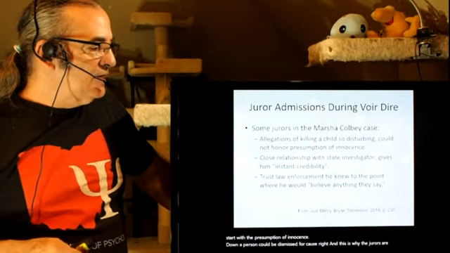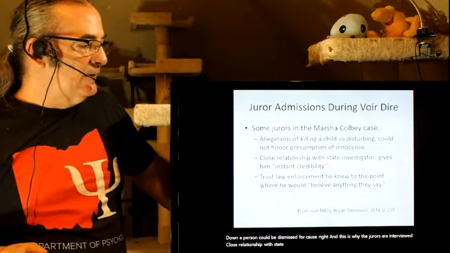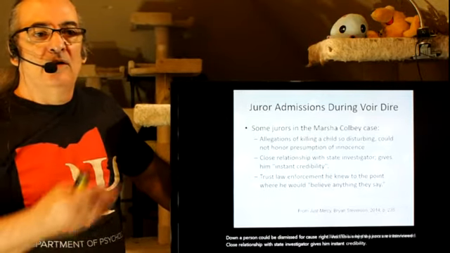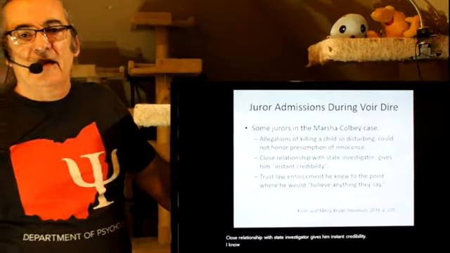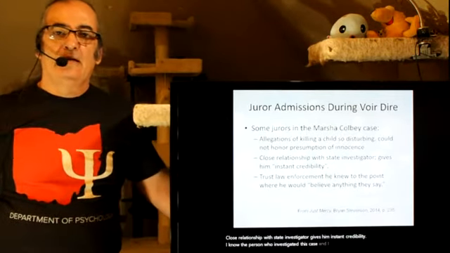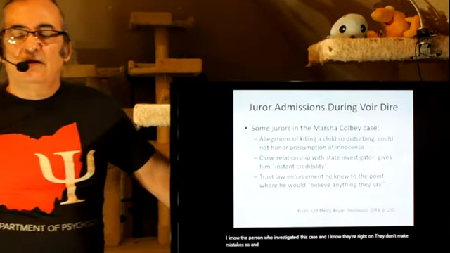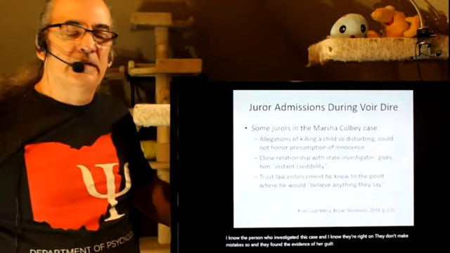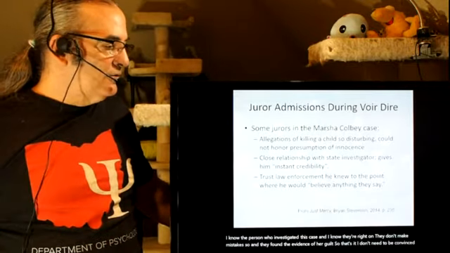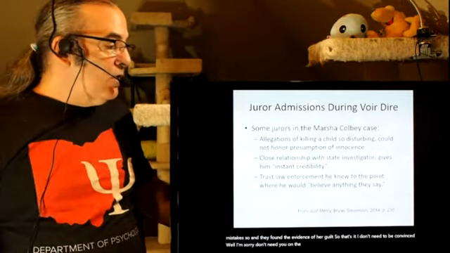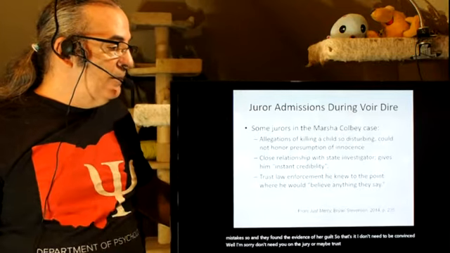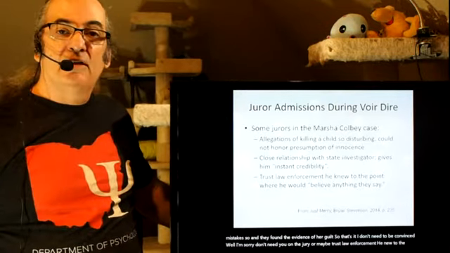Close relationship with a state investigator gives him instant credibility. Well, I know the person who investigated this case, and I know they're right on. They don't make mistakes, and they found the evidence of her guilt, so that's it. I don't need to be convinced. Well, I'm sorry, we don't need you on the jury. Or maybe they trust law enforcement to the point where they'd believe anything they say.